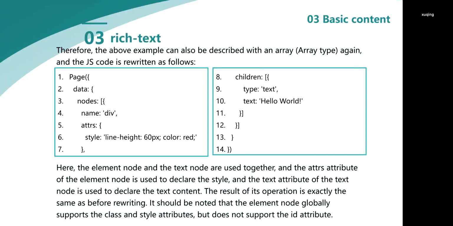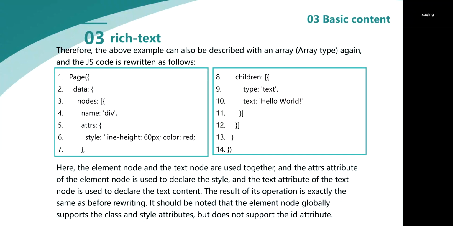And the text attribute of the text node is used to declare the text content. The result of its operation is exactly the same as the previous example.